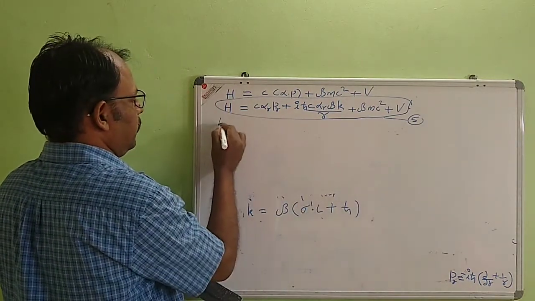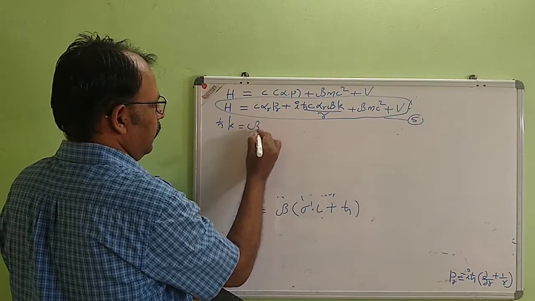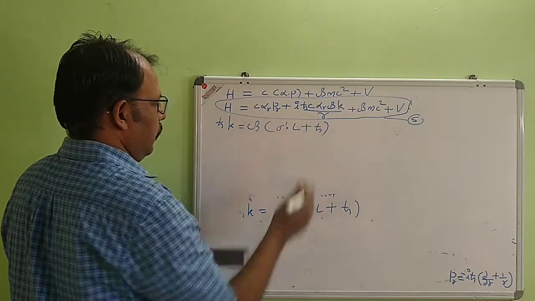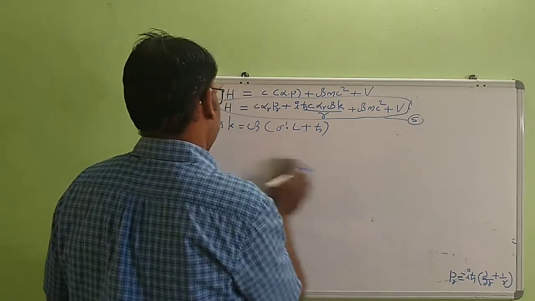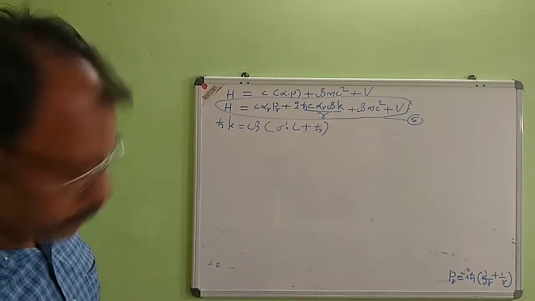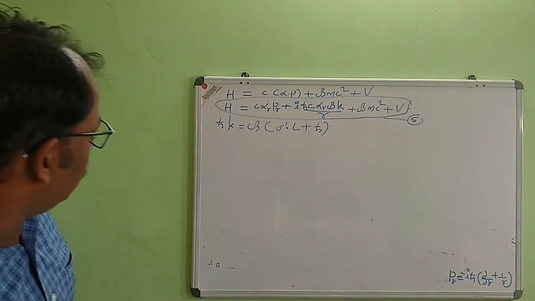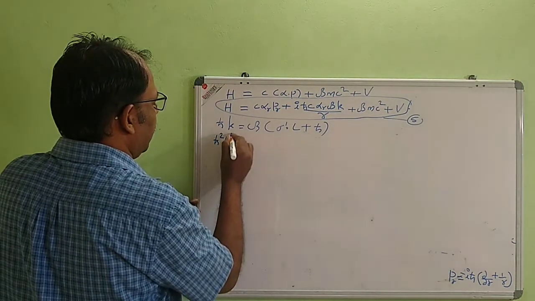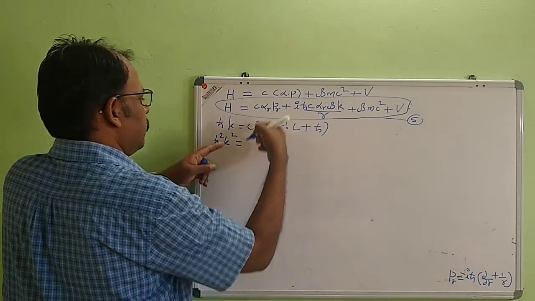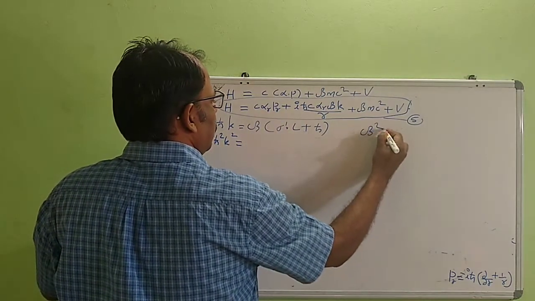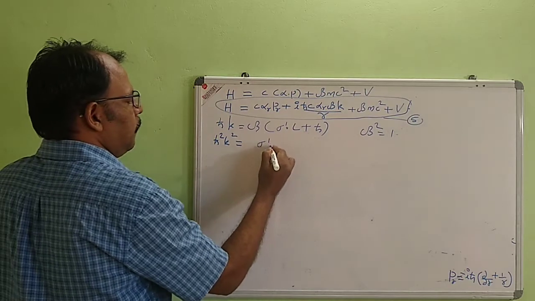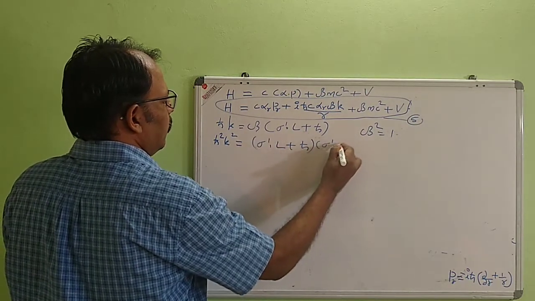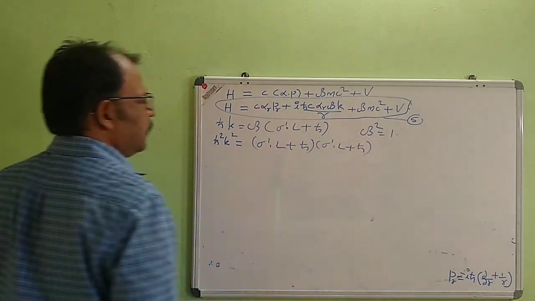We have the operator h bar K equal to beta sigma prime dot L plus h bar. Now I am taking the square of this term. On squaring, we will have h bar square K square equal to beta square, and beta square is 1, then sigma prime dot L plus h bar into sigma prime dot L plus h bar.